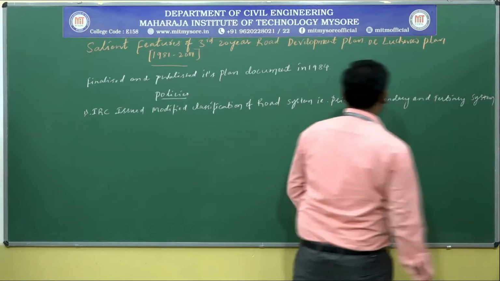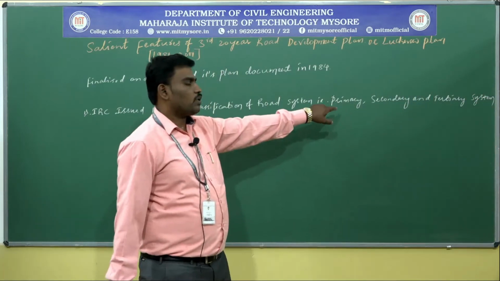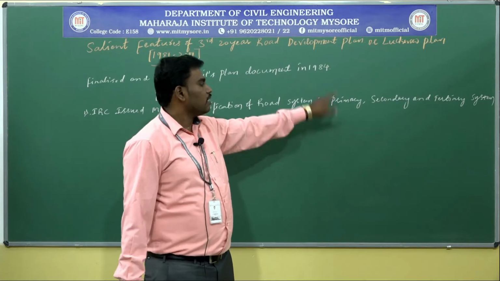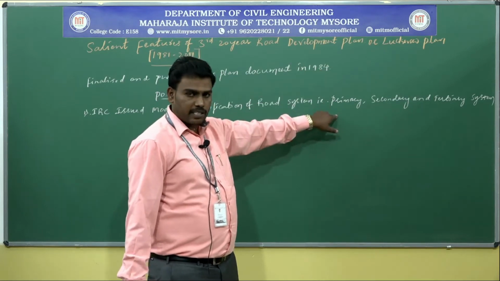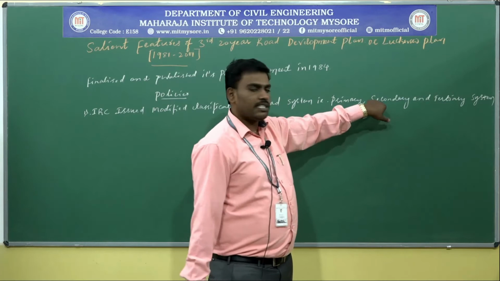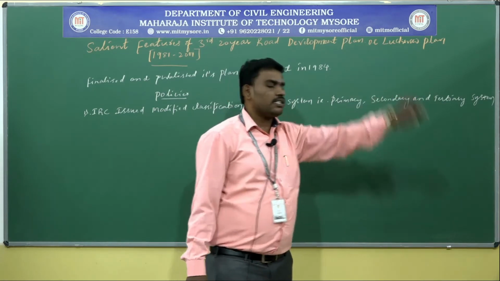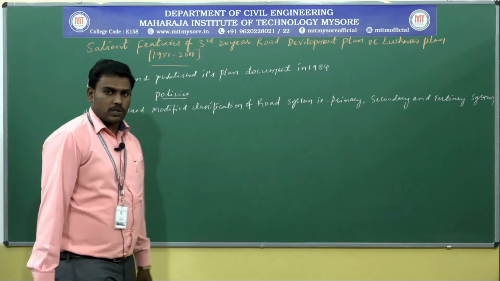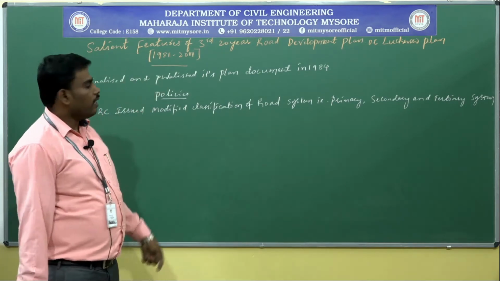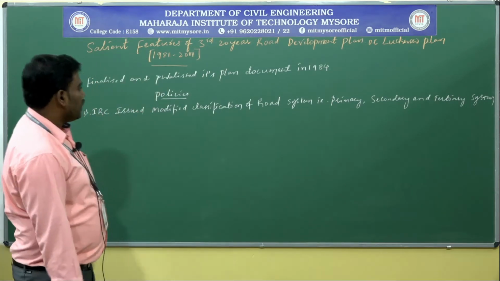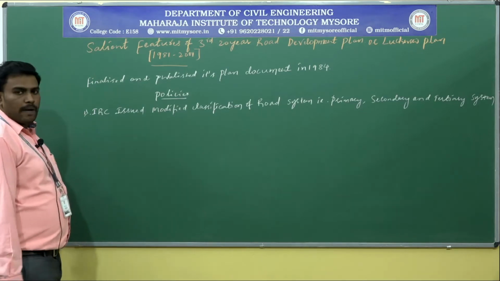In the primary system it includes expressways and national highways, in the secondary system it includes state highways and major district roads, and in the tertiary system it includes other district roads and village roads. Okay, this was the first policy in the third 20-year road development plan.